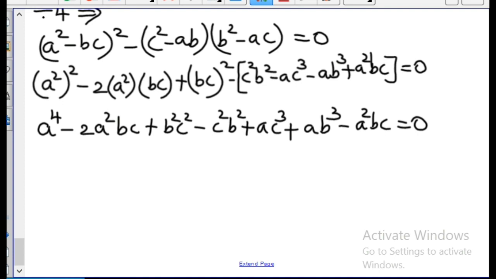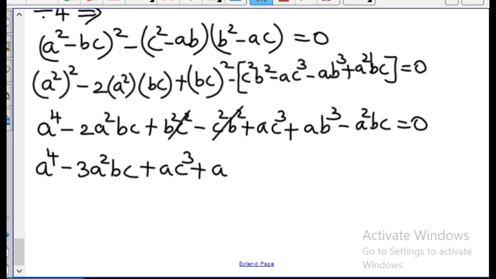Here b squared c squared and minus c squared b squared get cancelled. The remaining terms are a power 4, minus 2a squared bc, and the last term you have minus a squared bc. Let us compare both. So a power 4 minus 3a squared bc plus ac cube plus ab cube equal to 0.